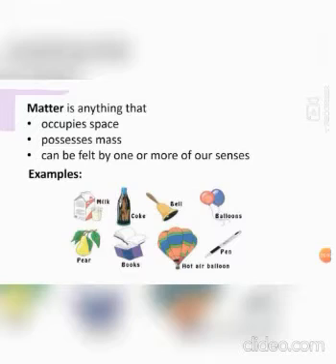Things that take up space and also have weight are said to be matter. The amount of space a thing takes up is called its volume. A thing's weight depends upon its mass.